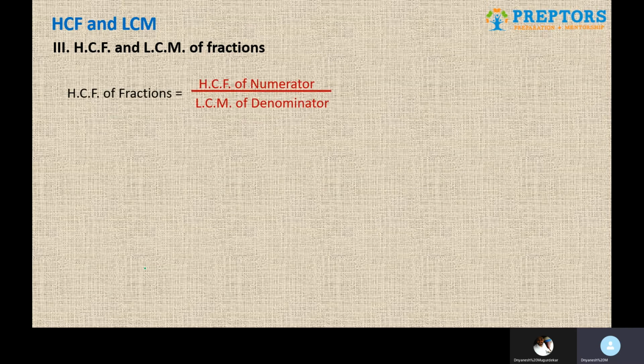For HCF of the fraction, whatever are the numerators of your fraction, you're supposed to calculate their HCF, and for denominators, you're supposed to calculate the LCM.